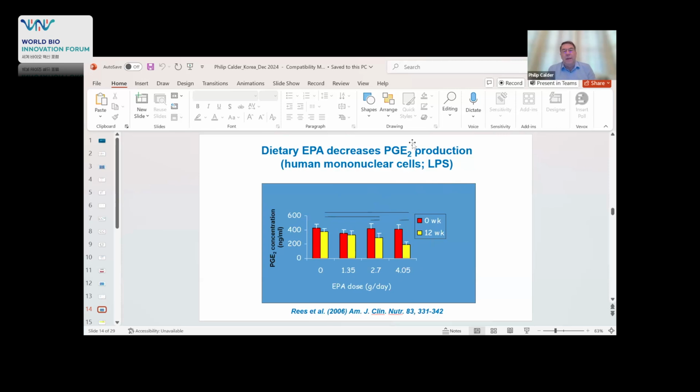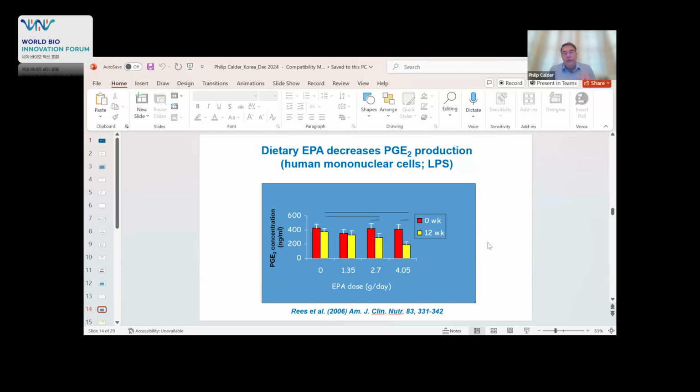And we measured prostaglandin E2 production. So you see in the control group, there's no change, which is what you would expect. In the low dose EPA group, there's also no change.